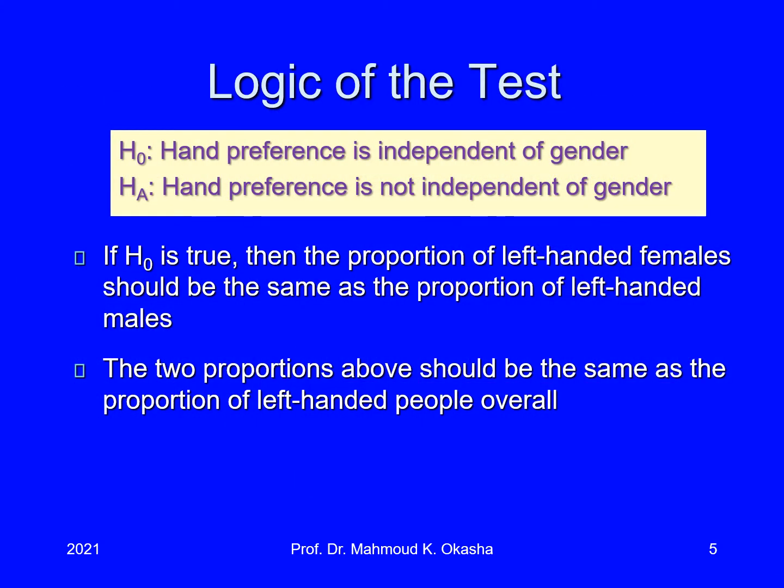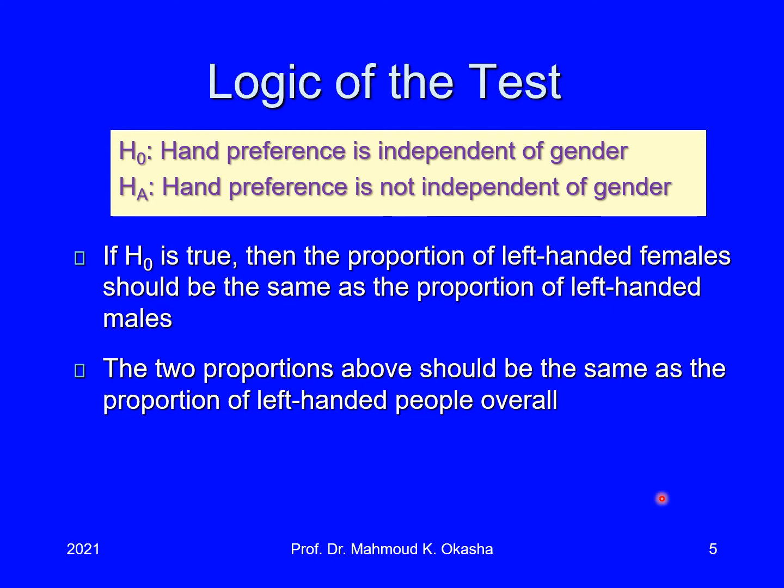Now the logic of the test is as follows. So we have two hypotheses: the null hypothesis, that hand preference is independent of gender, and the alternative hypothesis, as we mentioned, that hand preference is not independent of gender. If H naught is true, then the proportion of left-handed females should be the same as the proportion of left-handed males.